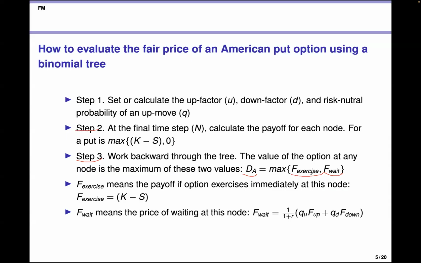The price of exercising means the payoff if the option is exercised immediately at this node, and we know this formula. But the price of waiting is like a mathematical expectation, a discounted mathematical expectation. Okay?